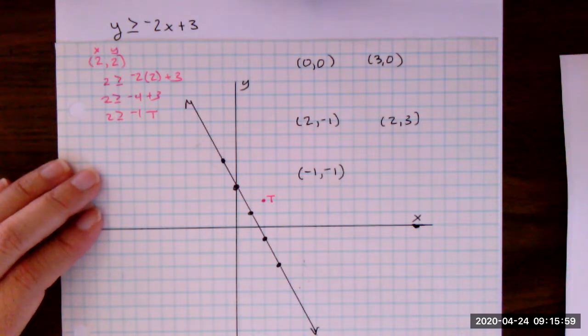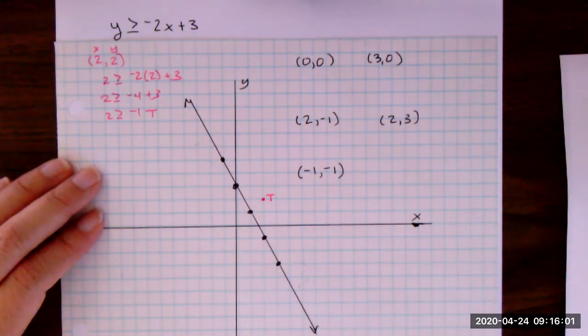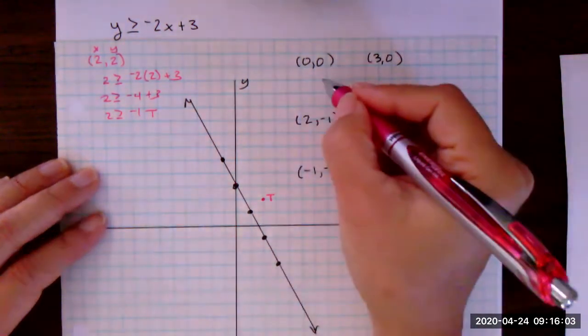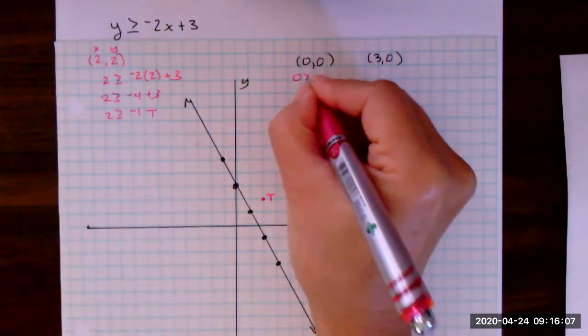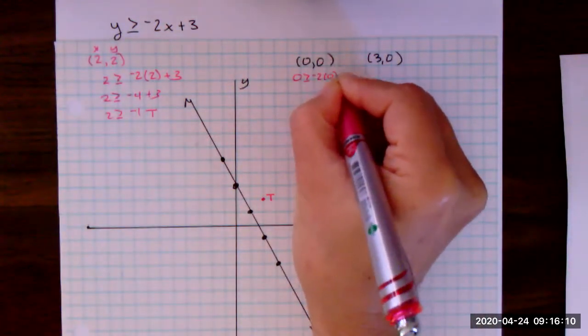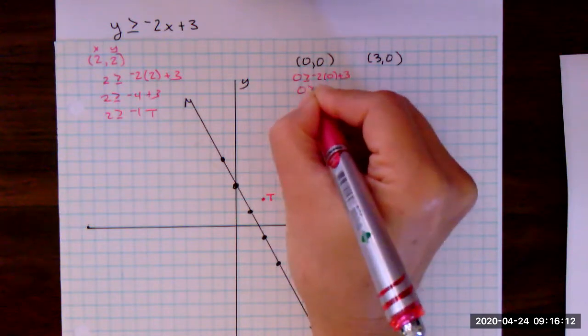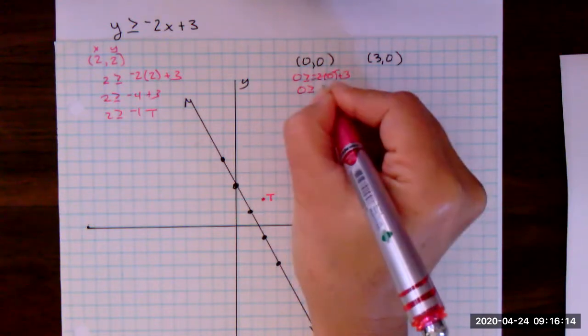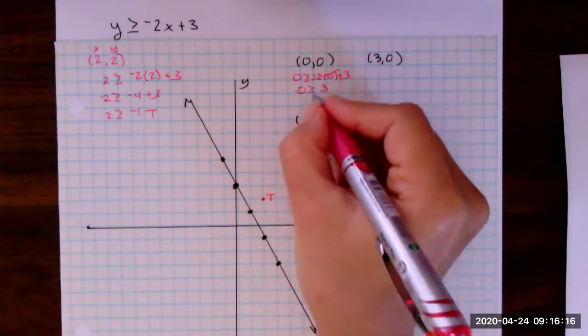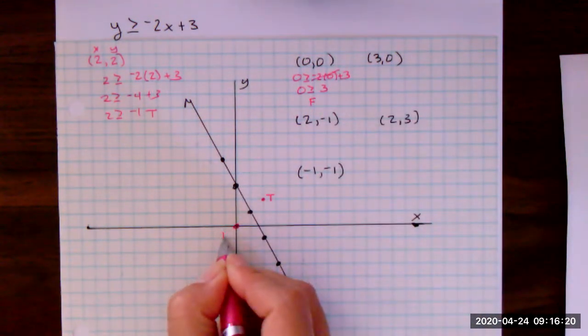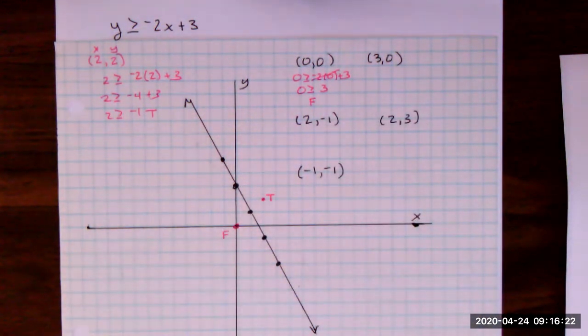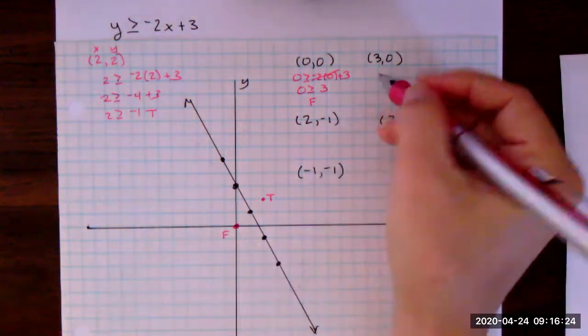All right, let's check your answers. So again, I'm going to plug in these points into my inequality. So the question is 0 greater than 3? That's false. So the point 0, 0 is false. We test the point 3, 0.